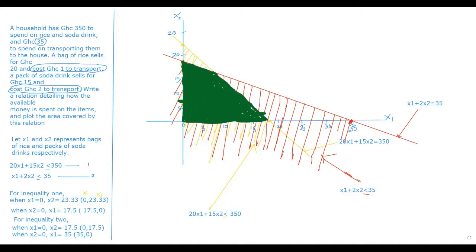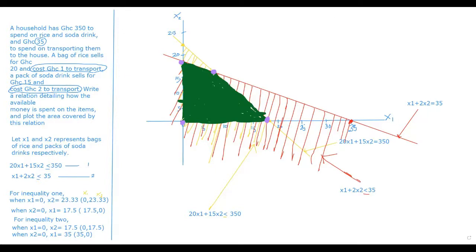So the points will be here. First of all, one is here, one is here, they meet here too. The other one is here as well. So we're going to get 1, 2, so these are your points.